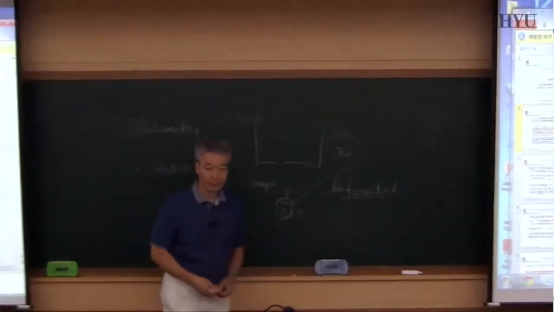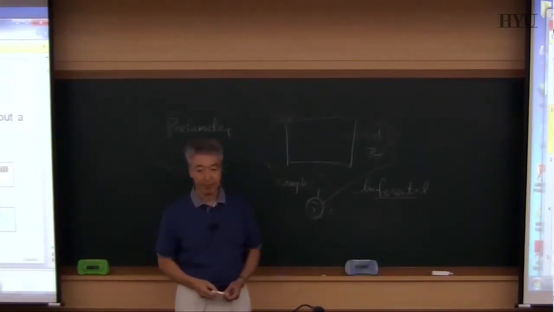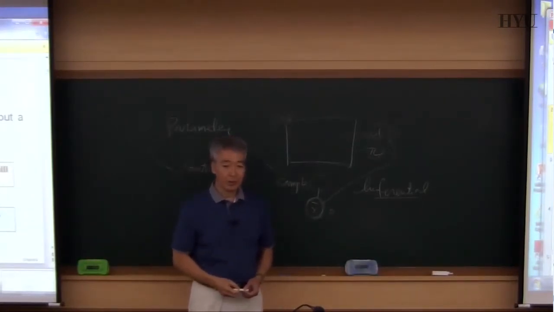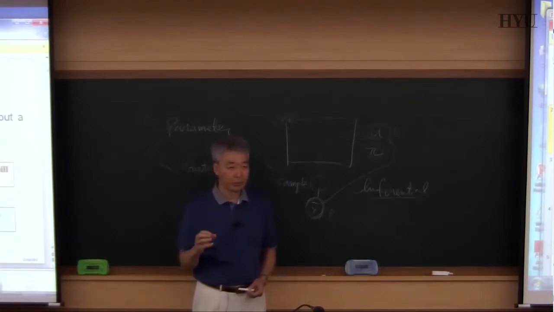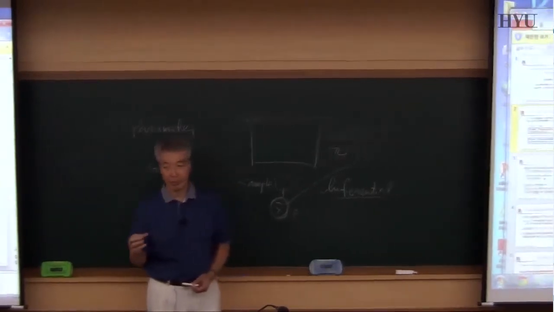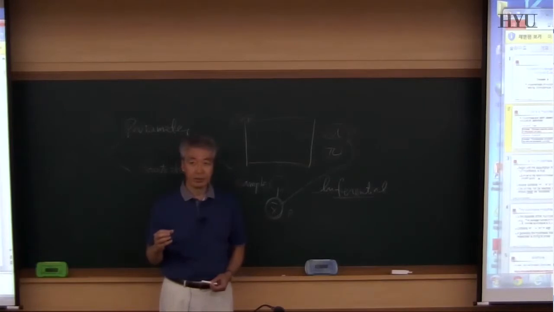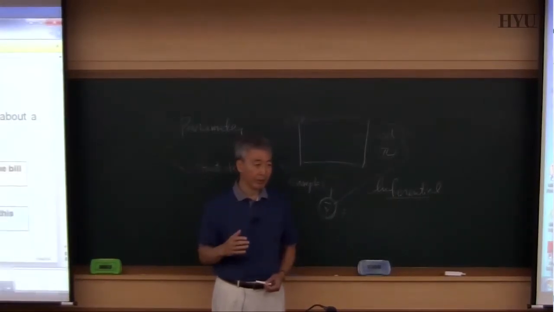Making a guess. So that's why we need to learn statistics. Because depending on how you handle that process, you can either come up with the right answer, correct answer, or incorrect answer.